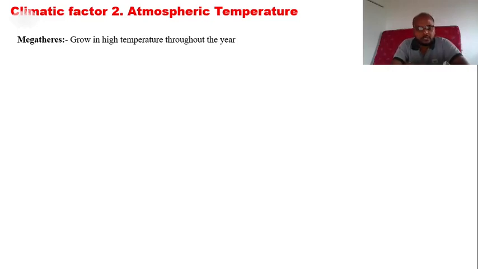In the desert region there is high temperature, and the flora and fauna differ from the Arctic or polar region, where the temperature is very low. That means atmospheric temperature mainly affects the distribution of plants, and the survival of the plant is mainly controlled by atmospheric temperature.